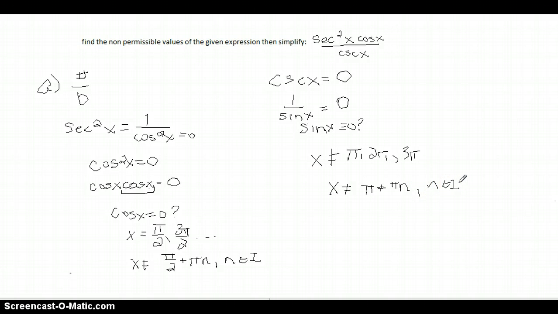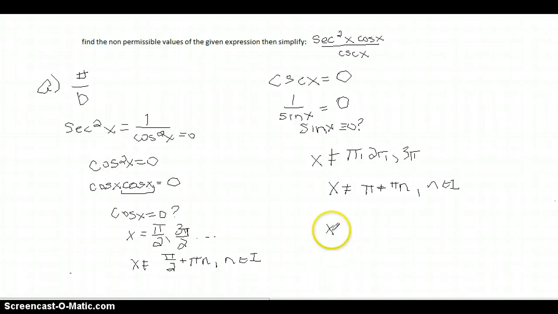Okay? So from there, we could either leave it like this, but what we can do is notice a pattern that we can go from pi over 2 to pi up here. Then we can go to 3 pi over 2. Then we go to 2 pi. So if you notice, every time you add half of a pi, we get those non-permissible values there.